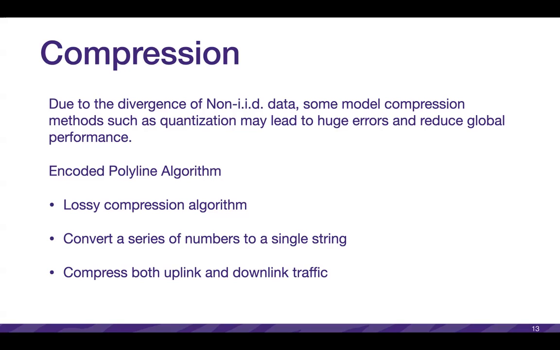They used the encoded polyline algorithm. The encoded polyline algorithm is a lossy compression algorithm, and it is used in the Google Maps platform. It can convert a series of numbers to a single string.